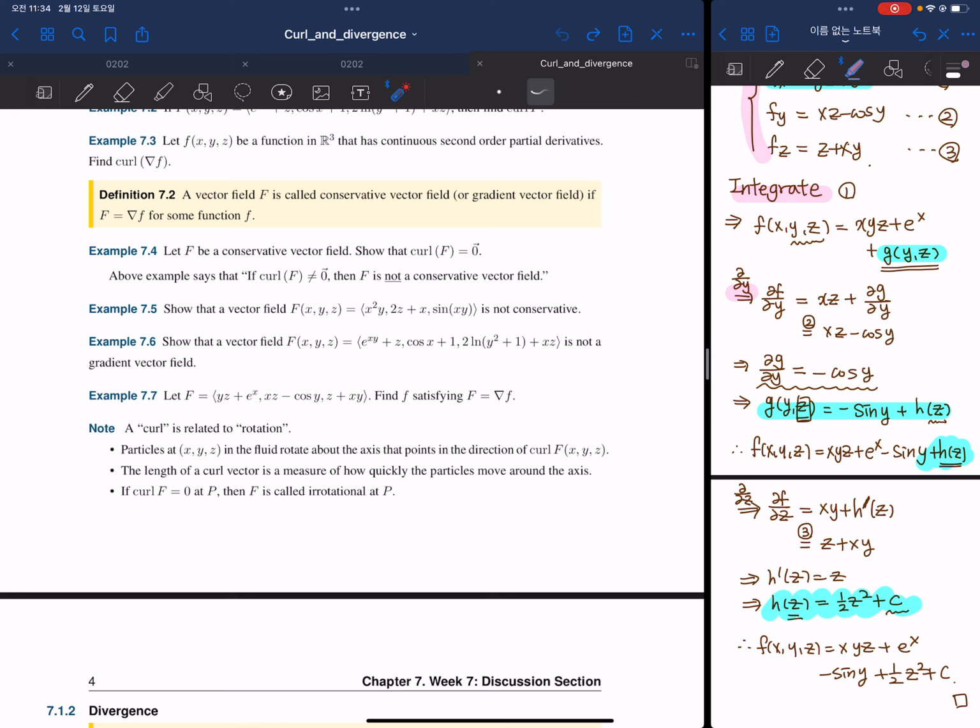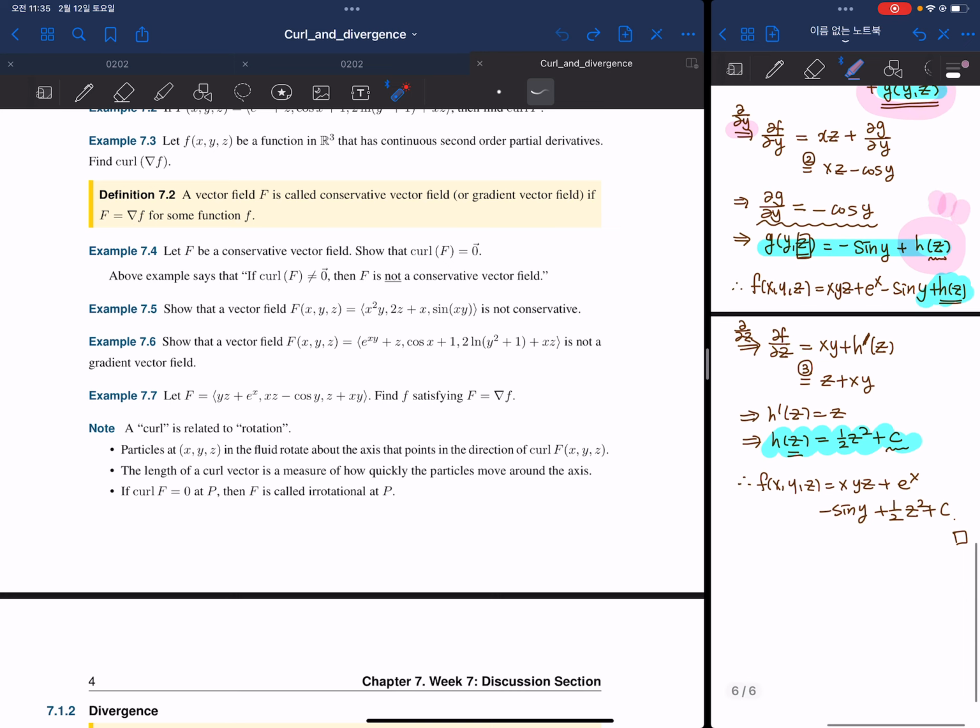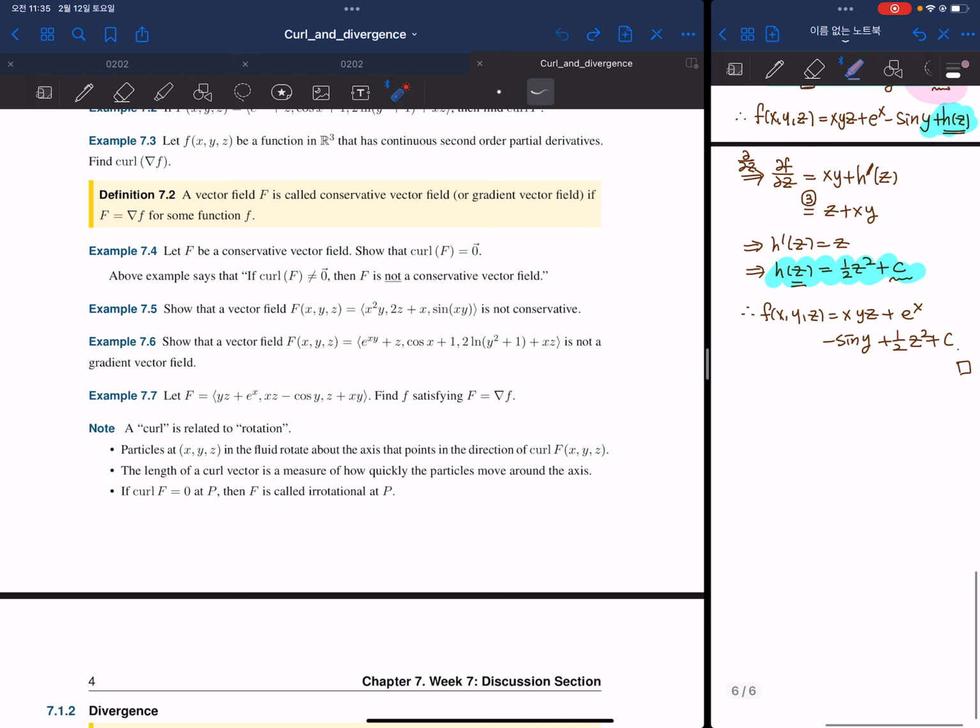And one thing you need to notice here is to remember that instead of a constant, you need to put functions. Okay, it's not a constant, you need functions here. So that was example 7.7.